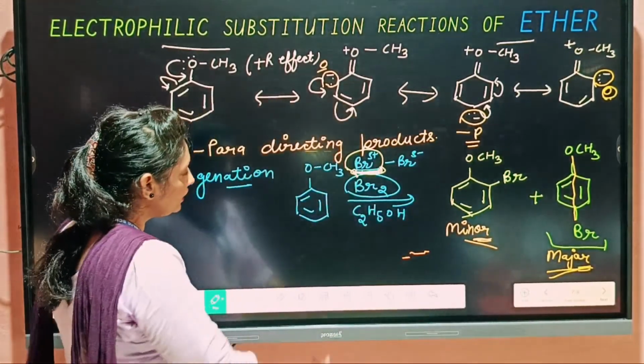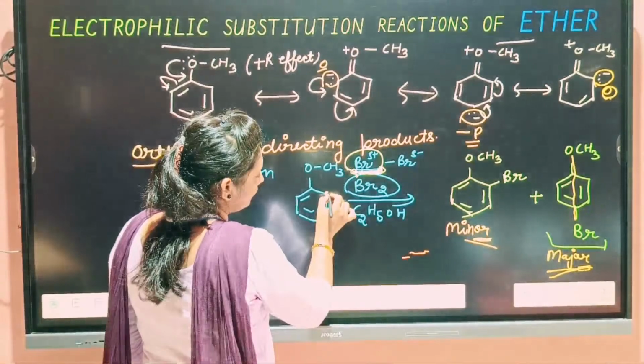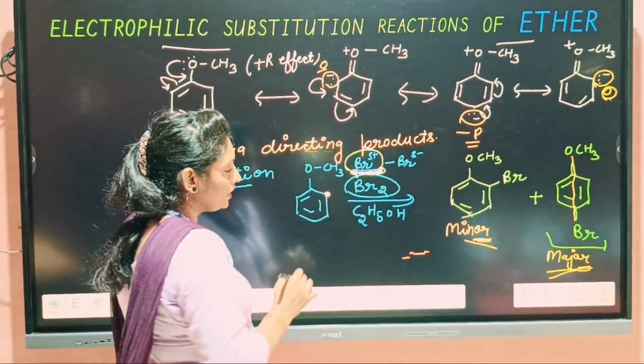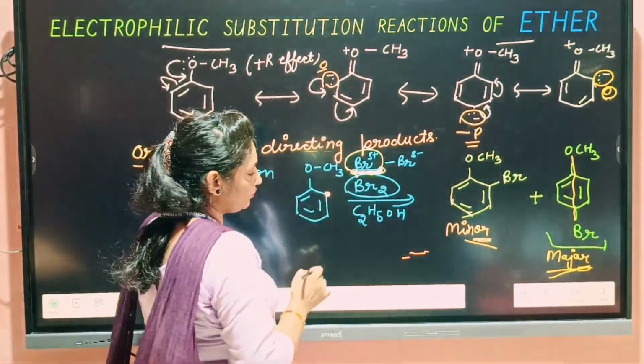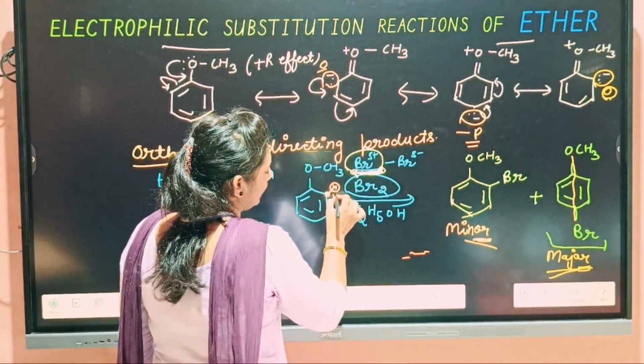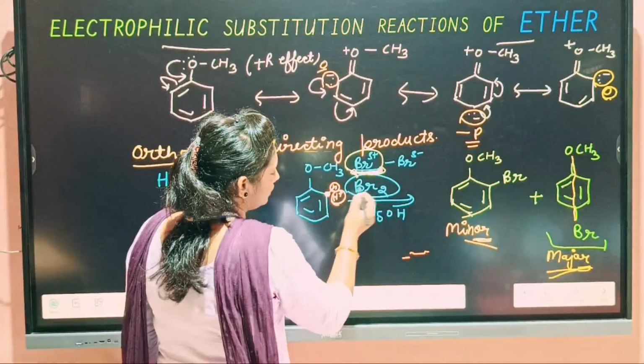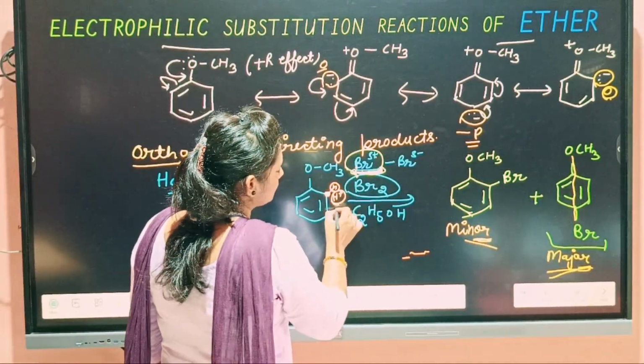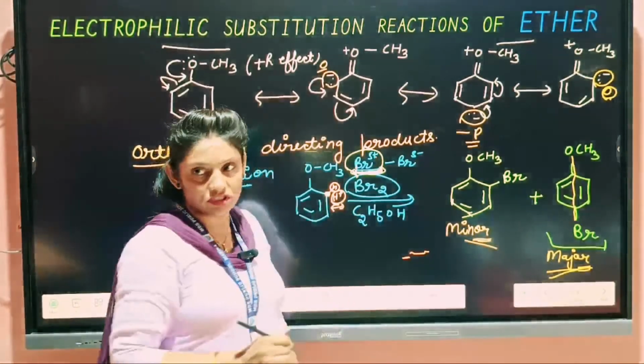Students, at every position a hydrogen is present, one carbon and one hydrogen. So here this bromonium ion is replacing this H positive.